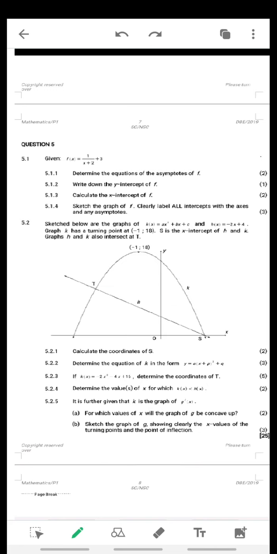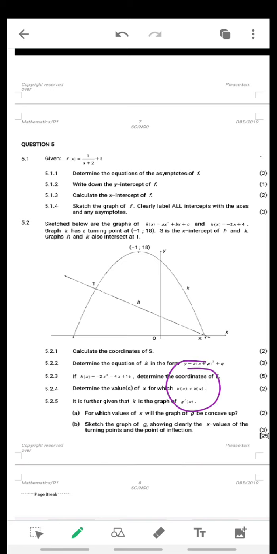Now the next thing is to determine, that is 5.2.4, the values of x for which, look at this, k of x is less than h of x. What is the meaning of this? Very important for you to understand. Where will the graph of h be on top?